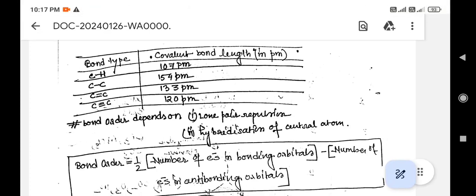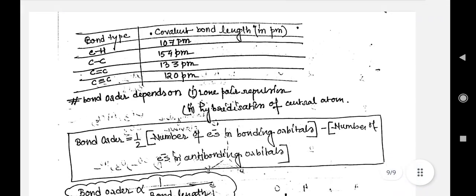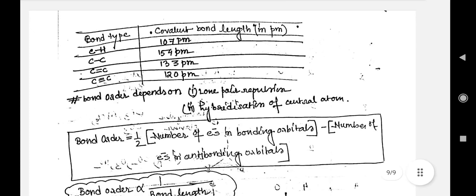Bond order depends on lone pair repulsion and hybridization of the central atom, obviously sp, sp2, sp3. Then bond order equals half of the number of electrons in bonding orbitals minus half of the number of electrons in antibonding orbitals. Otherwise, bond order equals the number of electrons in bonding orbitals minus the number in antibonding orbitals, as a whole, then half.